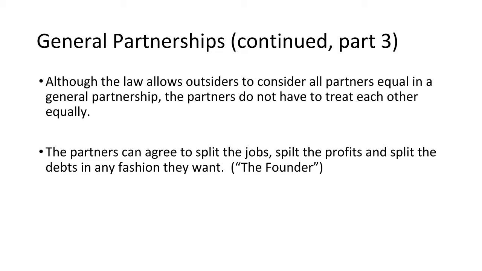Within the partnership, the partners might agree to something different, but it has to be an agreement between all the partners, and it's only binding on the partners. So if the partnership owes $1 million to a bank, the bank can still come and get that $1 million from any one partner.